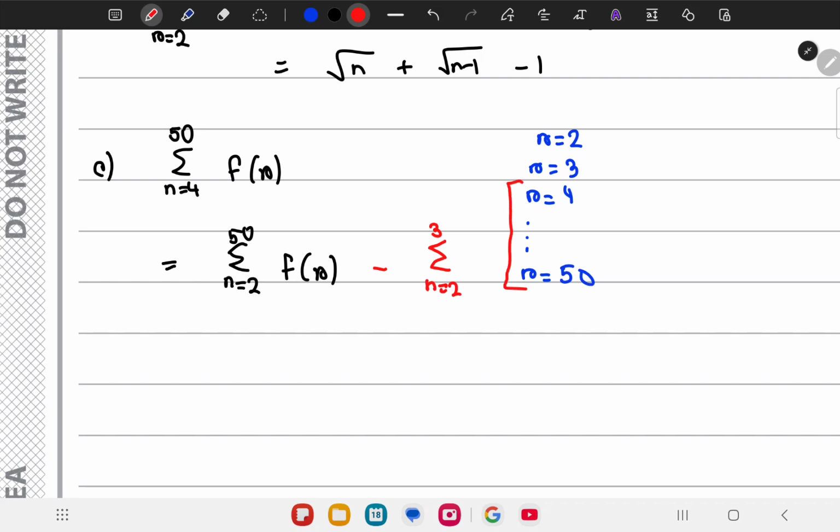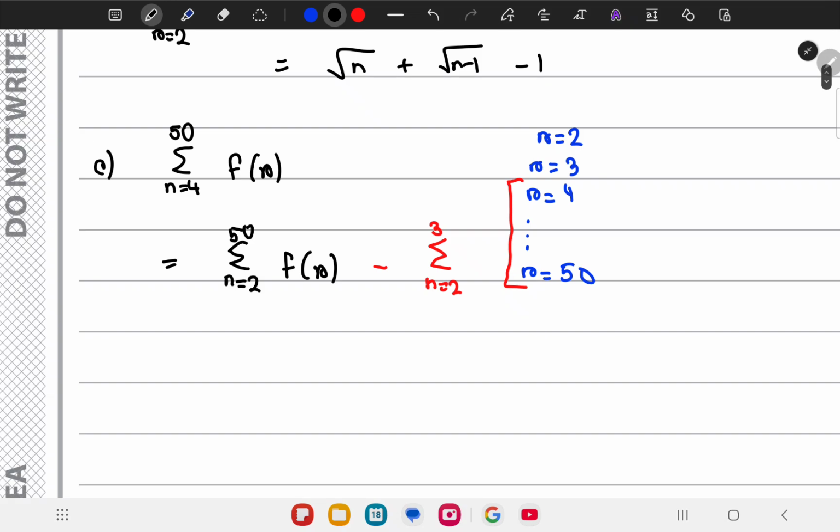We want the summation of this part. Since the formula begins from 2, I'll find the summation of this part and then subtract this. This is what we are subtracting over here from 2 and 3. So we are subtracting the value of this f of r when r is 2 and r is 3, and we'll keep the remaining.